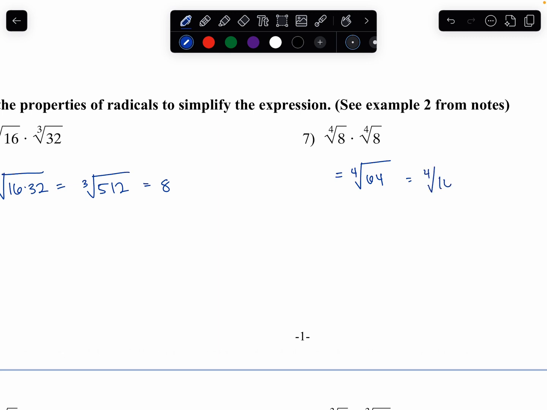So 16 is a factor of 64. And 16 has a fourth root, which is 2. So 16 times 4 is 64. And the fourth root of 16 is 2. So this is 2 times the fourth root of 4.